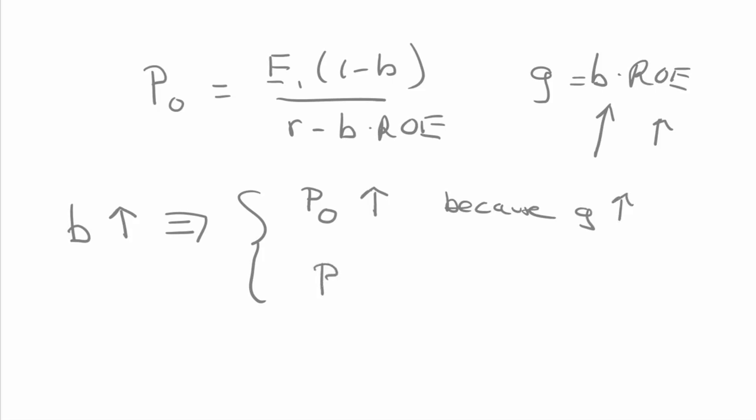But you might also decrease the price because D1 is lower. So there's a trade-off. So which effect wins? What determines whether growth increases the price or not?